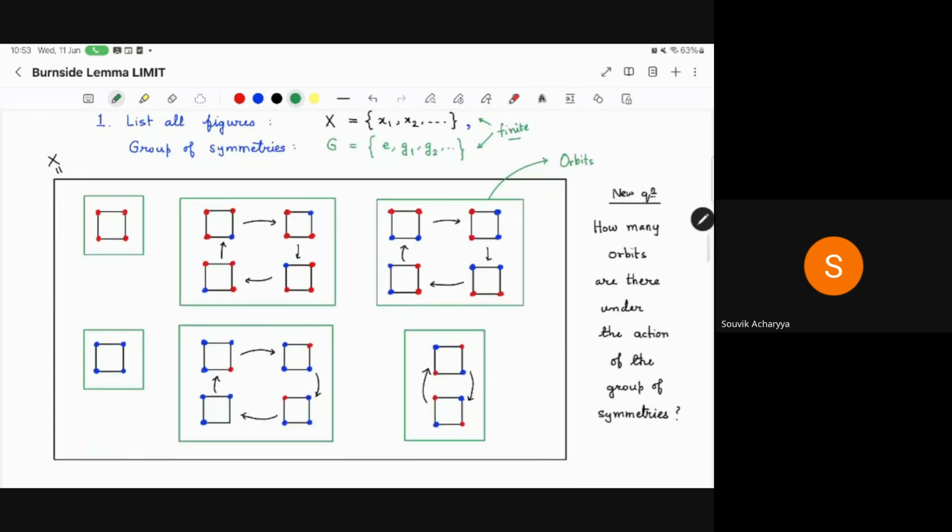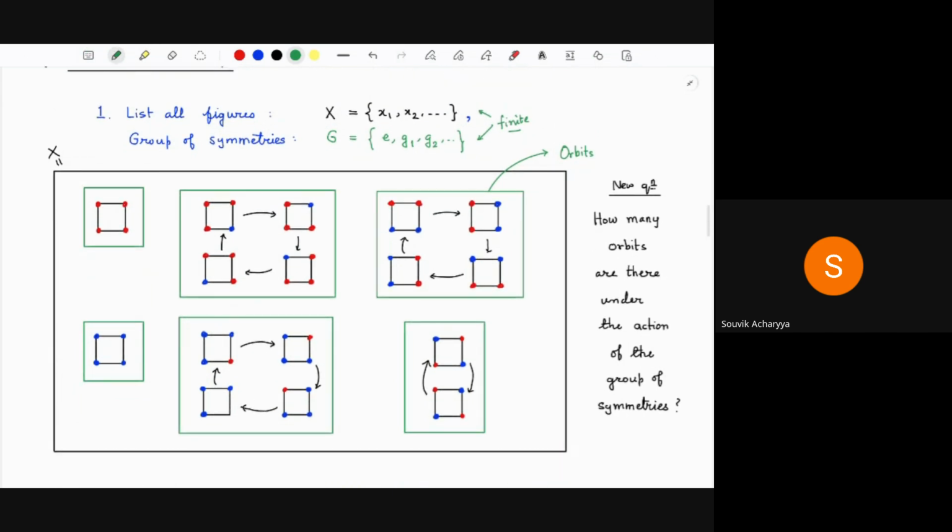Let's look at this list of figures in a slightly different light. Here are 16 figures, and we look at these transformations. For example, this guy upon rotation becomes this guy, which upon rotation becomes this, which upon rotation becomes this.